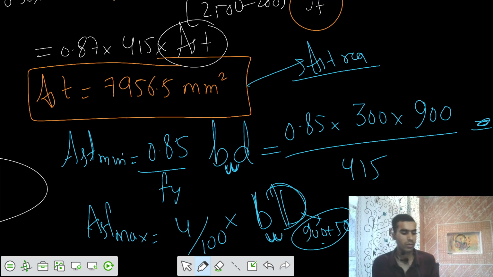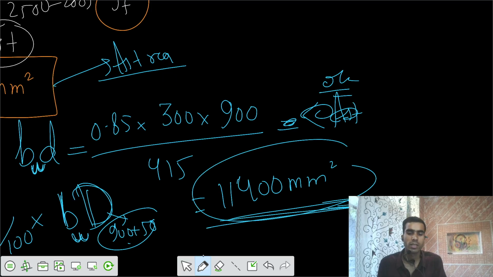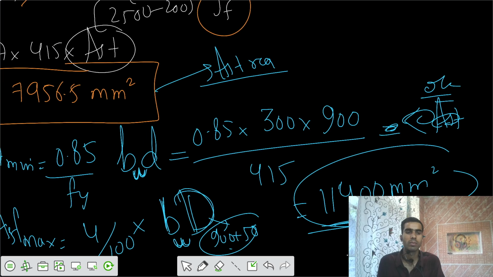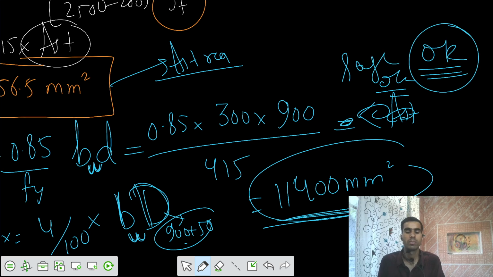So this is your 4%, and it comes out to be 11,400 millimeters square. Our steel area should not be more than this, but we got only 8,000, let's say. So that's also safe. No problem.